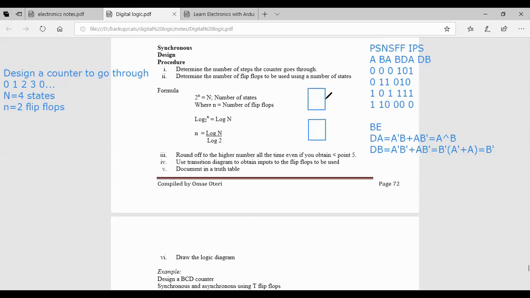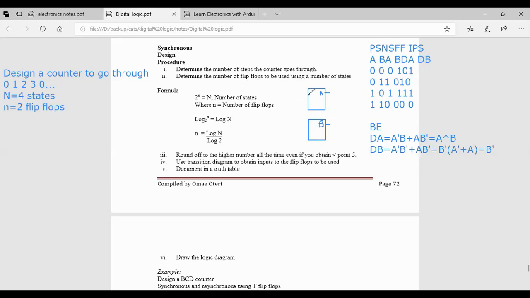Just note that this will be your QA and this is your QB. So we usually call this A, this A bar, and this we call B. And this will be B bar.